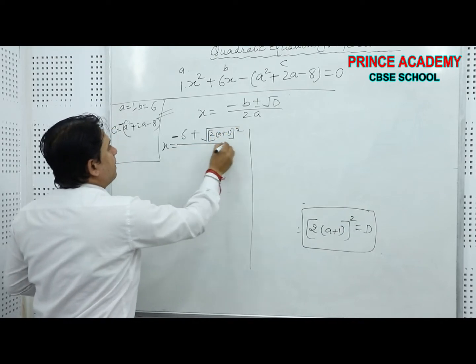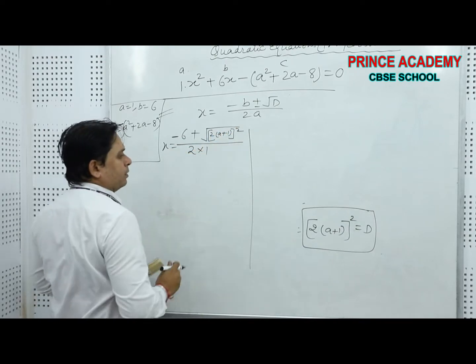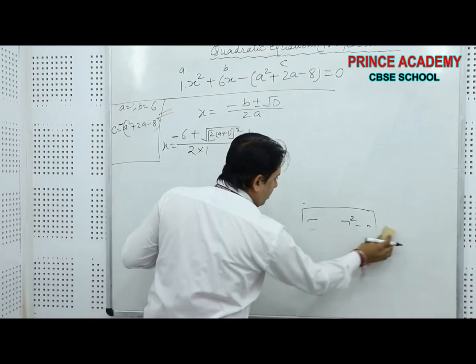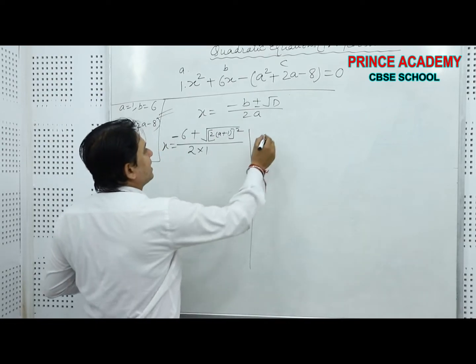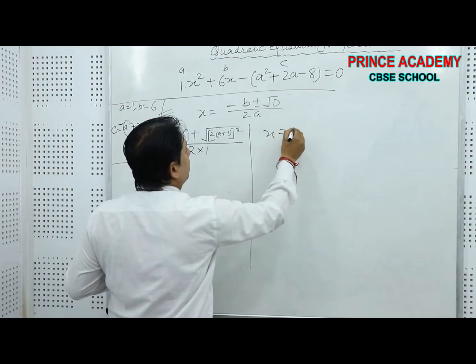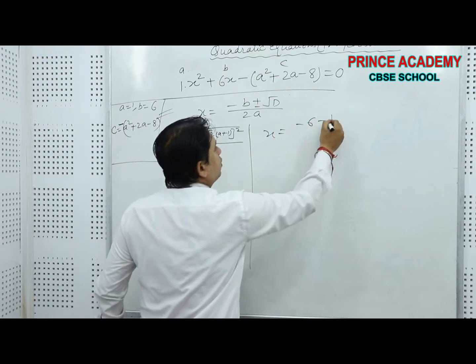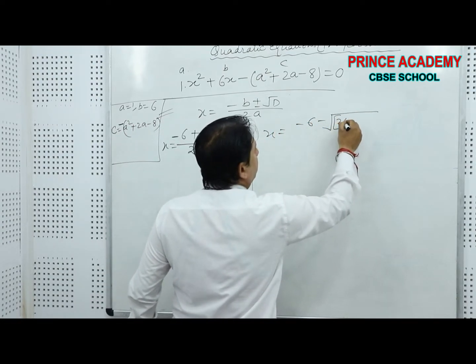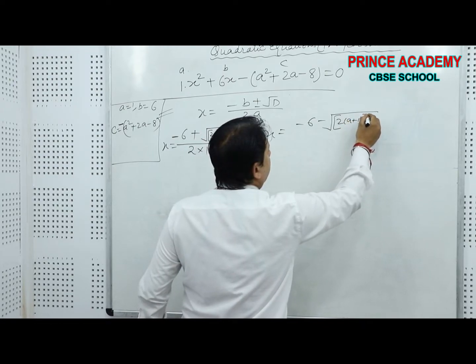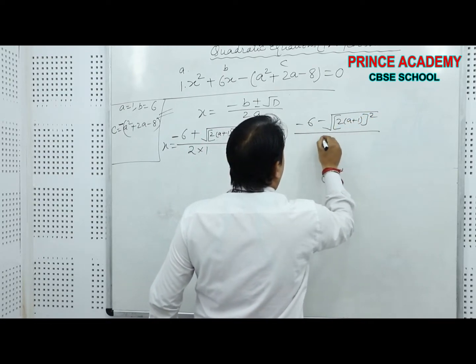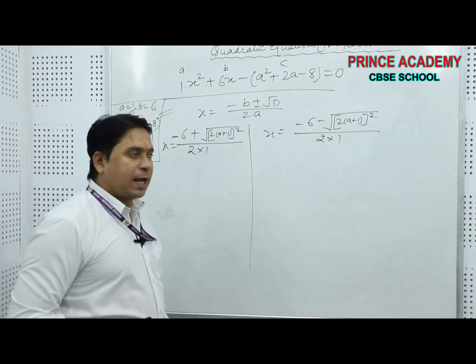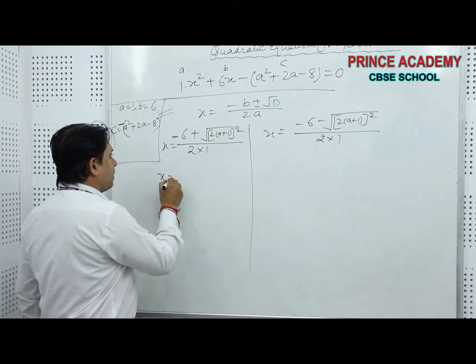Yes or no? It is d, huh? We put the value of d here. In the same way, X will be minus b minus root d by 2a.